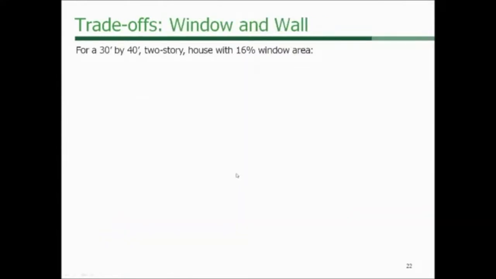Okay, so this is our example. It's a real simple 30 by 40 two-story house with 16% window area. When I say 16% window area, I'm talking 16% of the exterior walls are windows. So the total wall area, both windows and opaque walls, is 30 times 8. We'll say it's 8 feet high, times 2 because there's a front and a back, and times 2 because there's 2 stories.